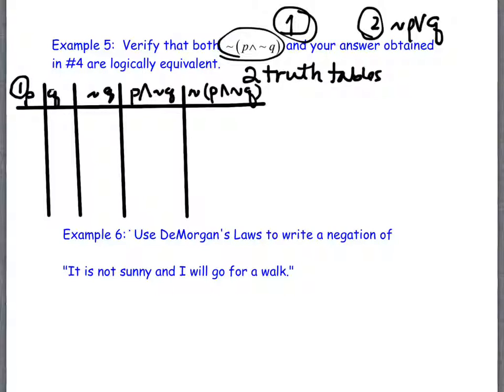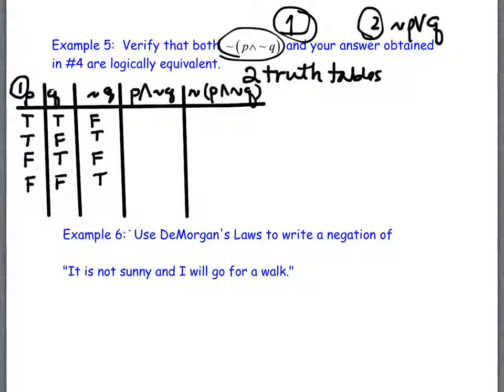What's going to go in my column P? Fantastic. What's going to go in column Q? True, false, true, false. What's going to go in column tilde Q? Perfect. Everybody good so far?